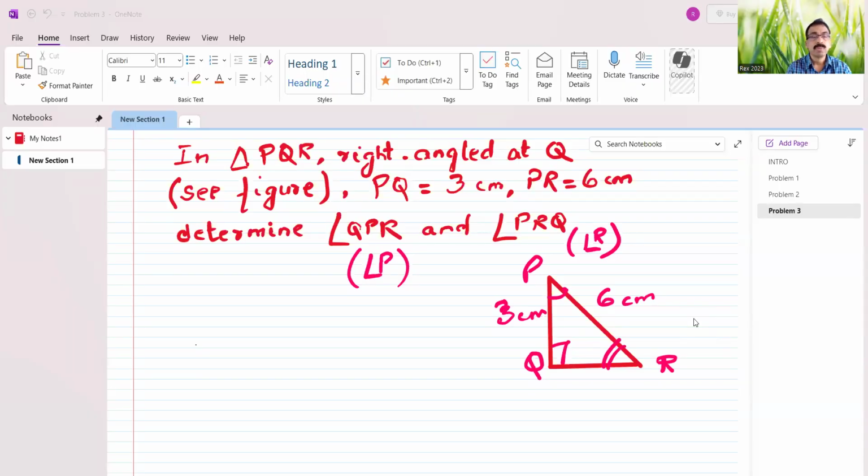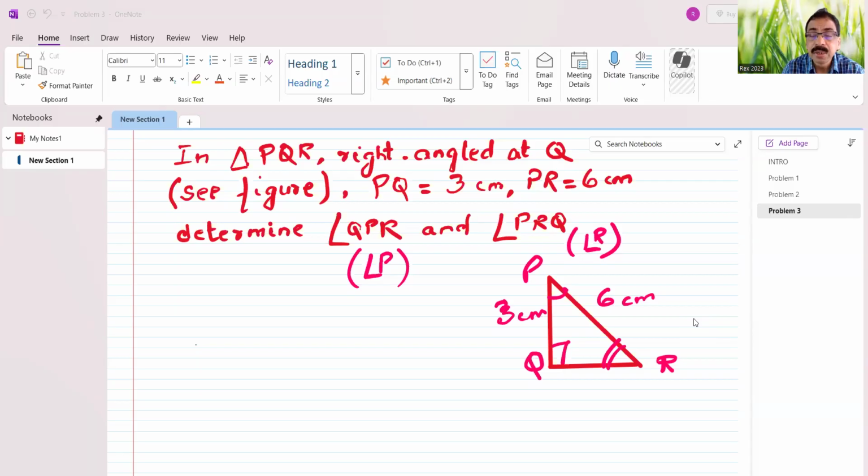Here's the problem. In triangle PQR, which is right angled at Q, PQ is equal to 3 centimeters, PR is equal to 6 centimeters. Determine angle QPR and angle PRQ. So what are we given?